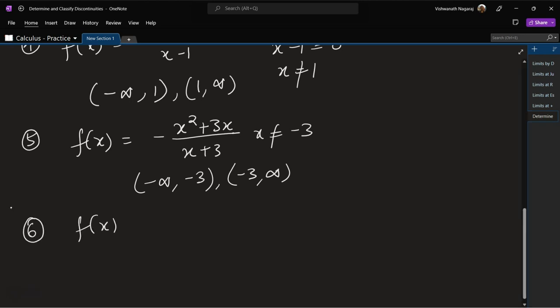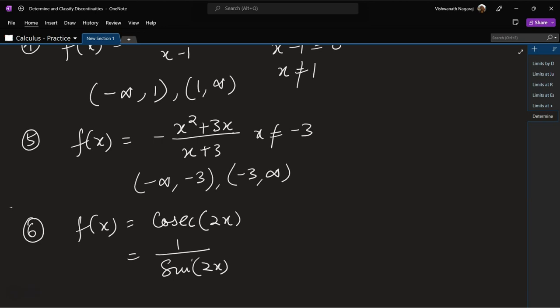Sixth, f of x is equal to cosec 2x. Again, this can be written as 1 by sine 2x. So wherever sine is 0, it is not continuous. So when will it be 0?